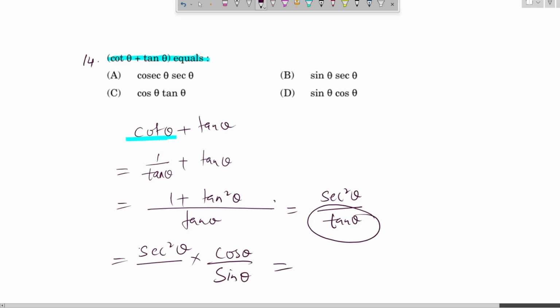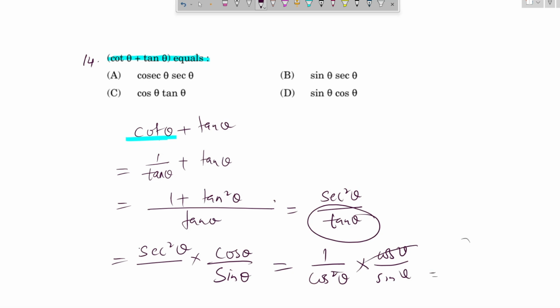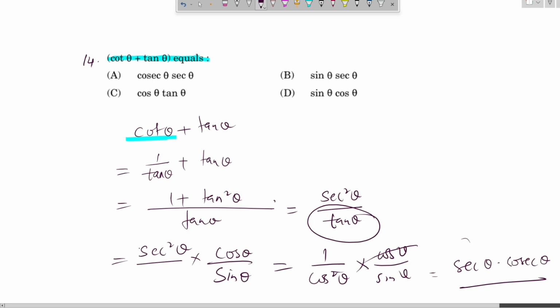So here secant square theta is also equal to 1 by cos square theta. So here cos theta square got cancelled, 1 by cos theta and into 1 by sin theta you got. So 1 by cos theta is nothing but secant theta, and 1 by sin theta is nothing but cosecant theta. So option secant and cosecant, option A is correct.